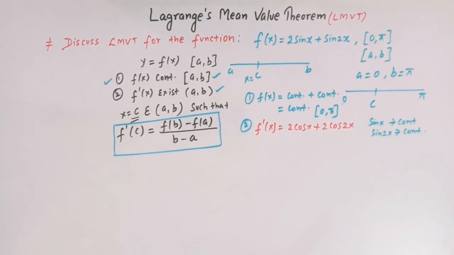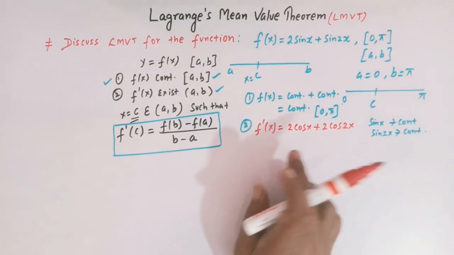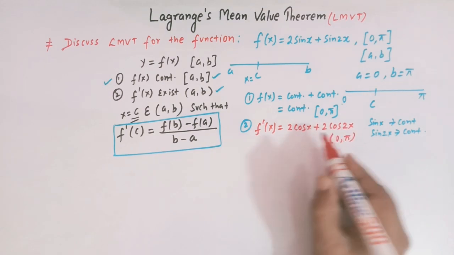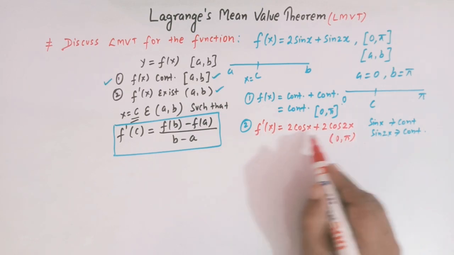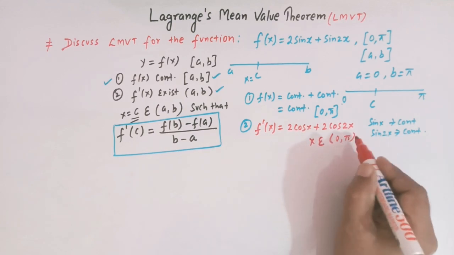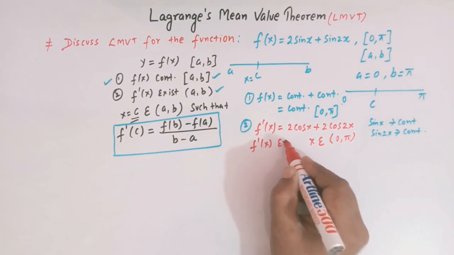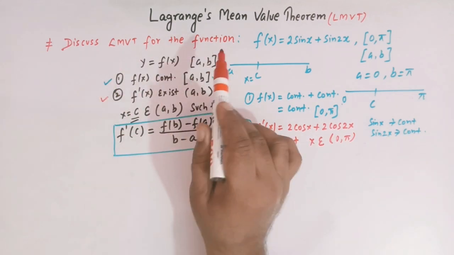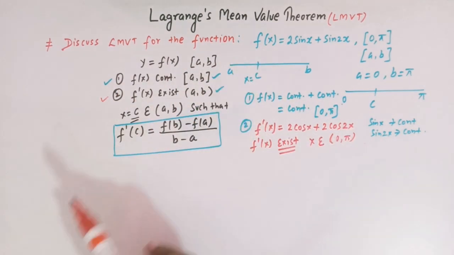So this function f of x is obviously differentiable in this interval, because for all values of x in the open interval 0 to pi, f prime of x exists. So we see that the conditions for Lagrange's mean value theorem are satisfied by this function f of x.